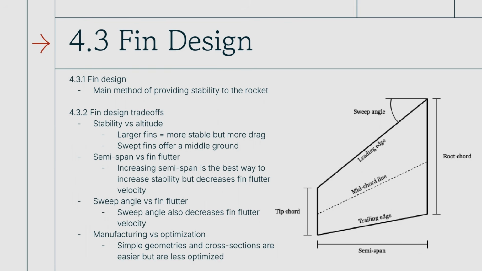The first trade-off is stability versus altitude. The more stable you make your fins, i.e. the bigger they are, the more drag you produce on the rocket. And so you typically don't get as high as you could if your fins are more stable.